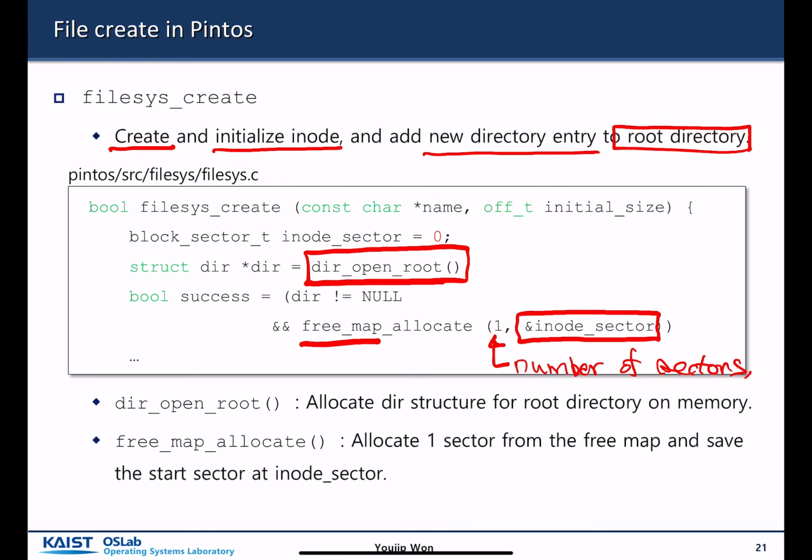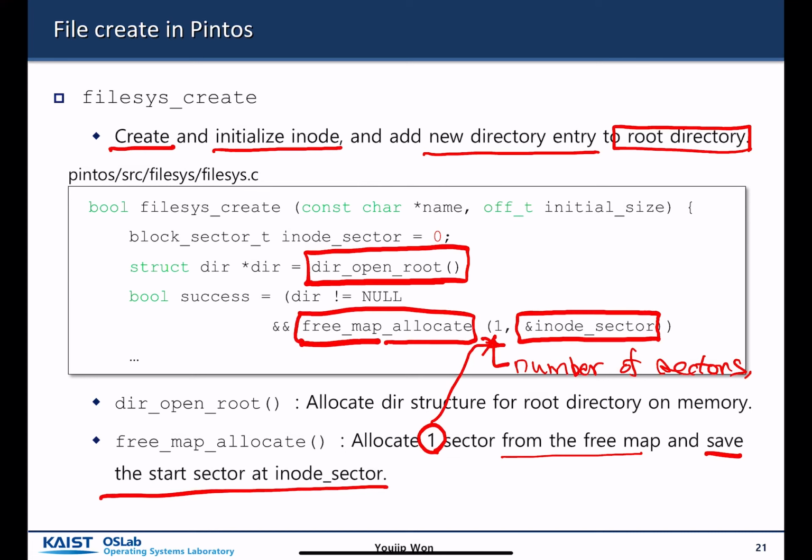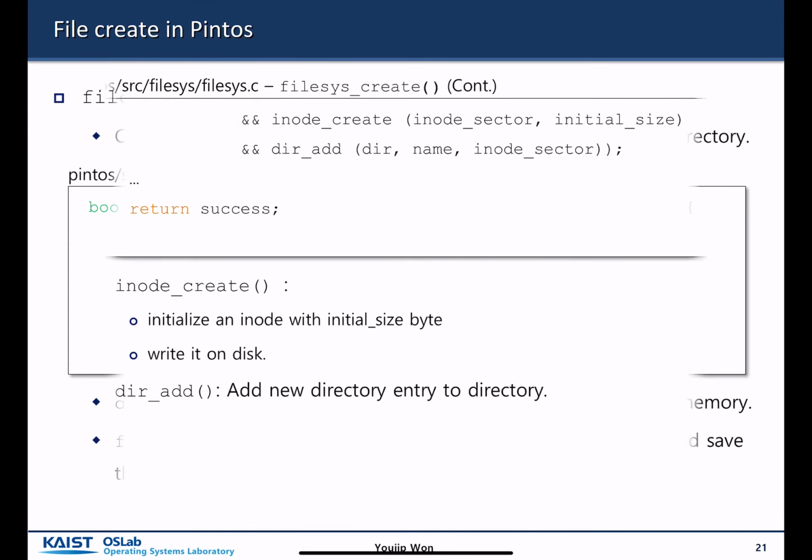So free map allocate here specifically allocates one sector, as specified here, from the free map, and then saves the start address at the inode sector. This is how you create the sector. So in the course of calling free map allocate inside of this function, it automatically updates the free bitmap array.